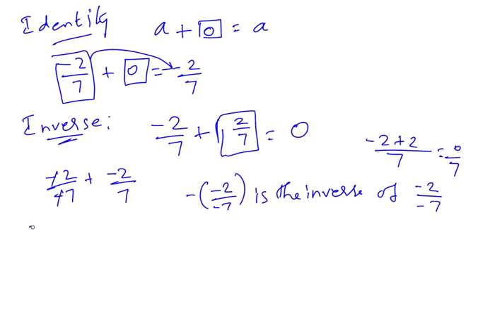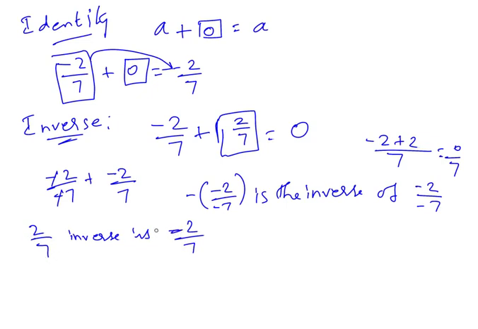If a number is not having any sign, suppose 2 by 7, for this the inverse will be minus 2 by 7. We don't need to put a sign on both sides. Only one sign we have to include.